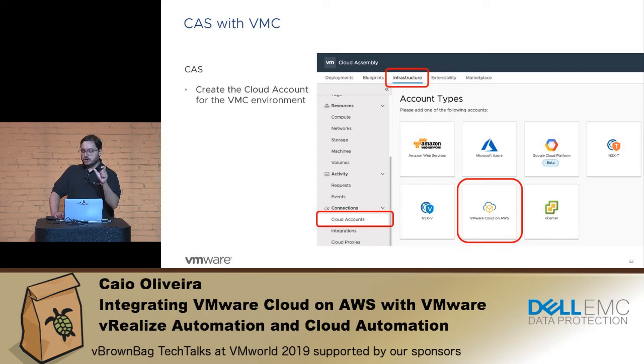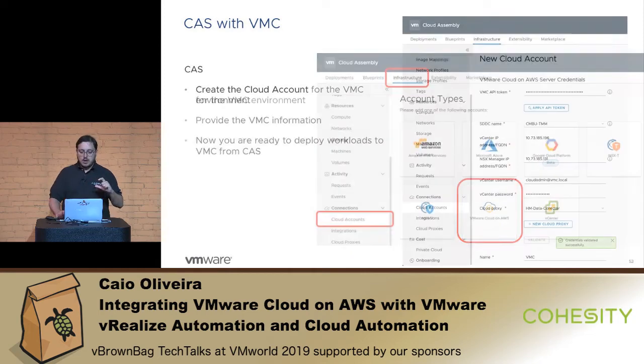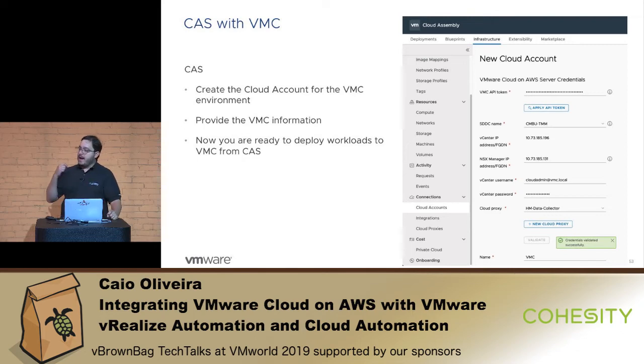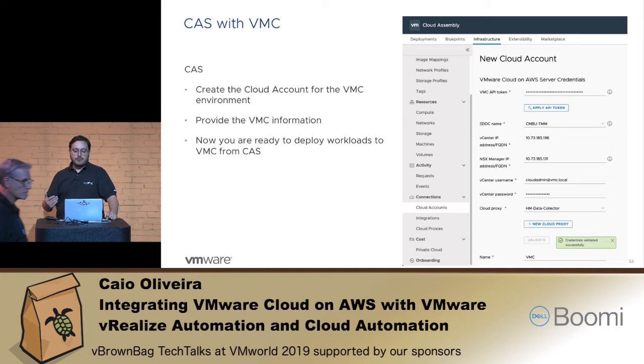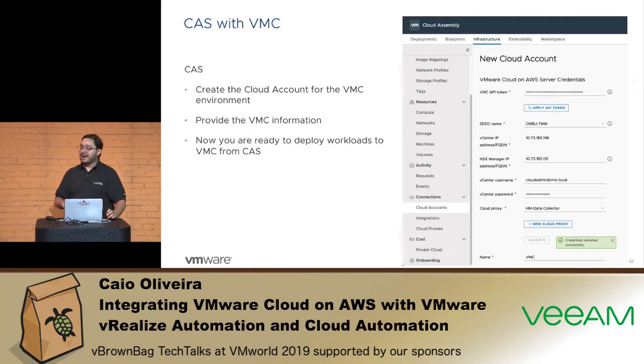Inside infrastructure, under connections, I have cloud accounts. I already have a VMware Cloud on AWS cloud account there. With that, I can add my API token and a lot of information regarding the names, and my credentials as well. We also need to deploy a cloud proxy.